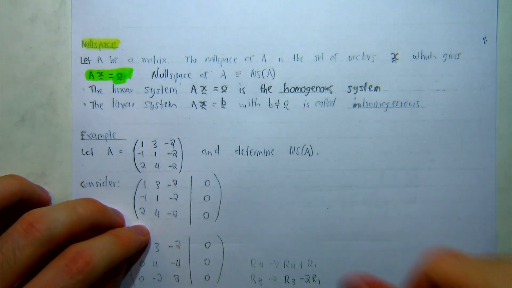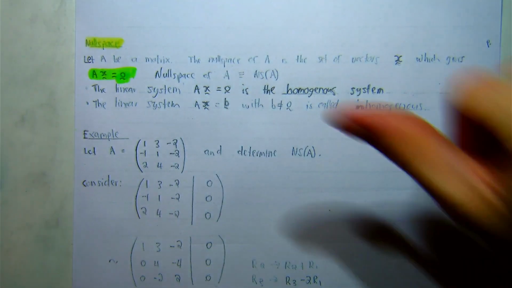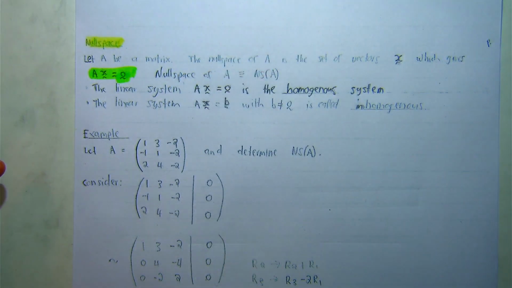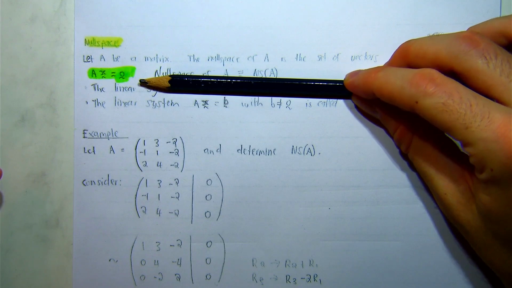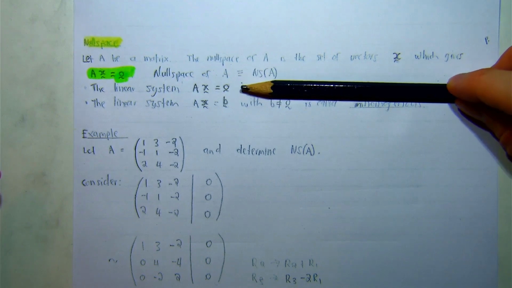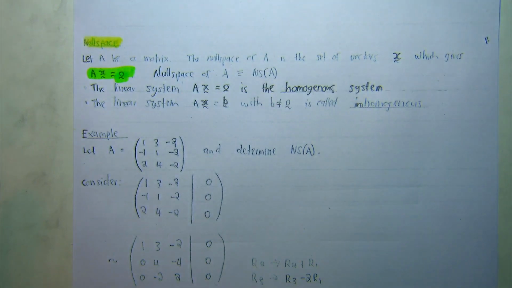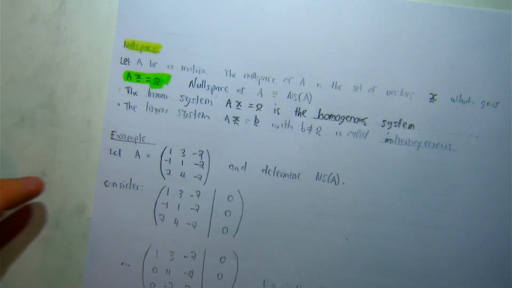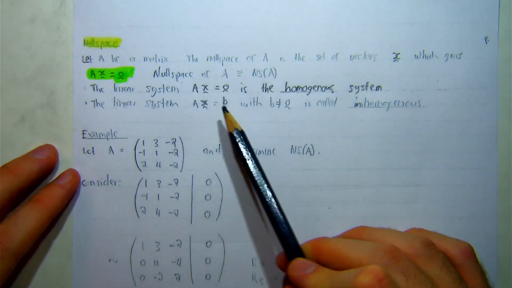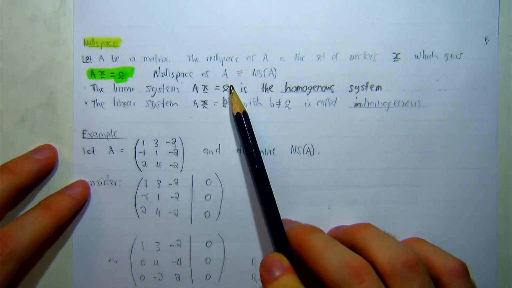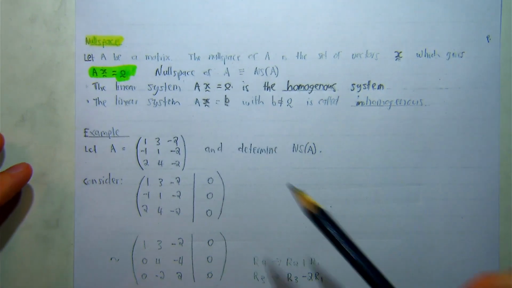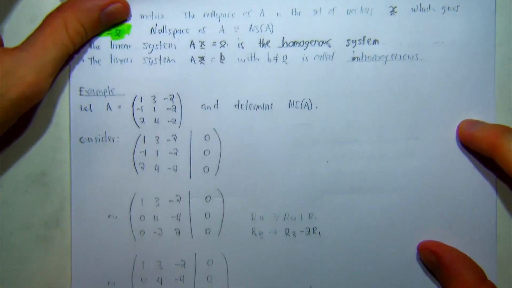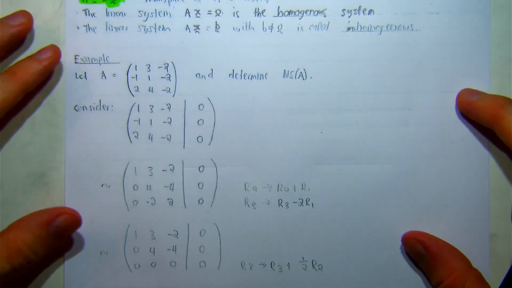So interestingly, what we're actually doing is separating AX equal to B as an equation into AX equal to 0, and then having this extra thing on the right, which is this B. And the idea is that there's a relationship between the null space of A and our inhomogeneous system here. But we'll talk about that in a second. Let's first look at an example of determining the null space of A.